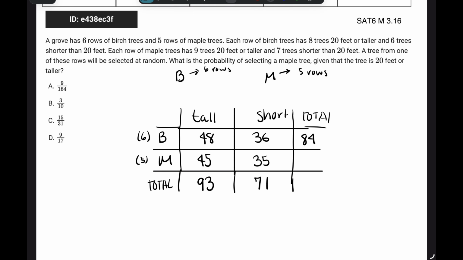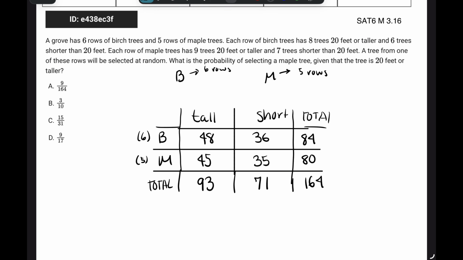And the total amount of maple trees is 45 plus 35, which is 80. And then if I just want the total amount of trees in general, regardless of if it's maple or birch, that's 84 plus 80, which is 164.